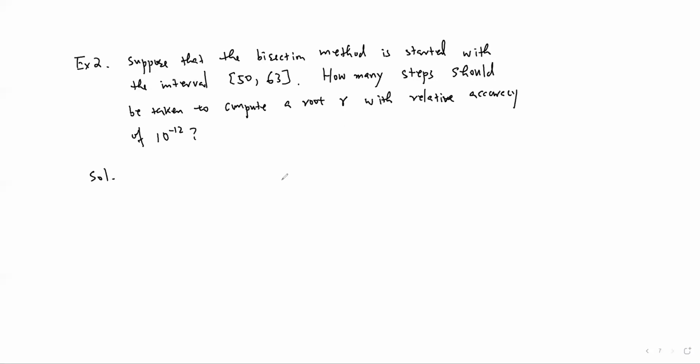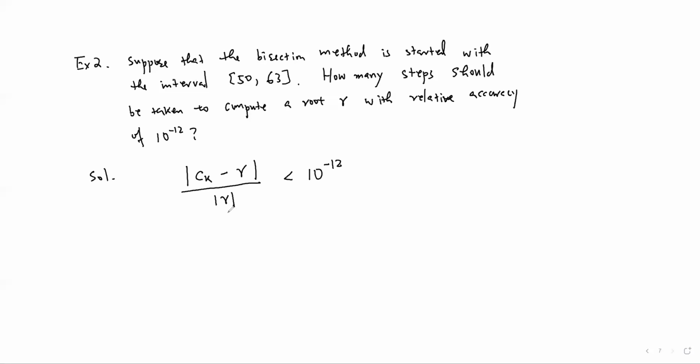This question is actually asking that the bisection method uses the midpoint c_k as the estimate of the root r. Relative error: the absolute value of c_k minus the true root, over the true root. We want the relative error less than 10 to the negative 12. Now, what k can make this inequality true?